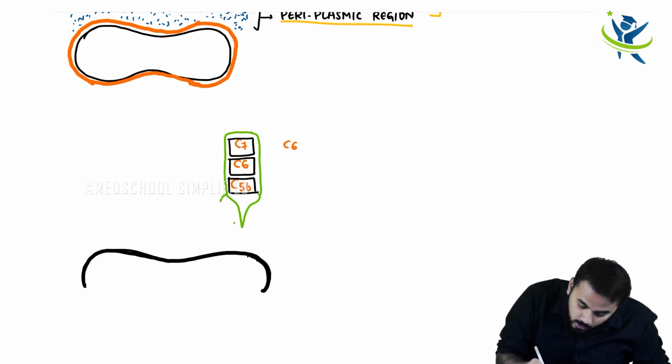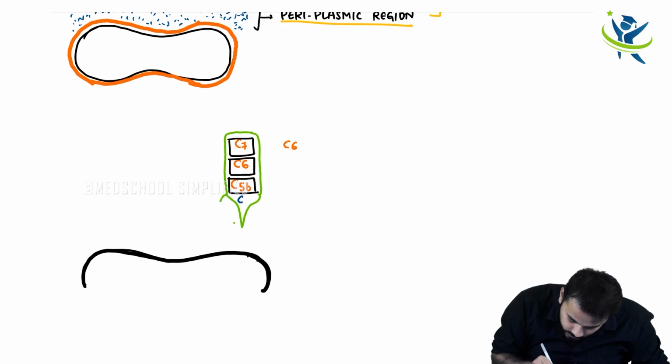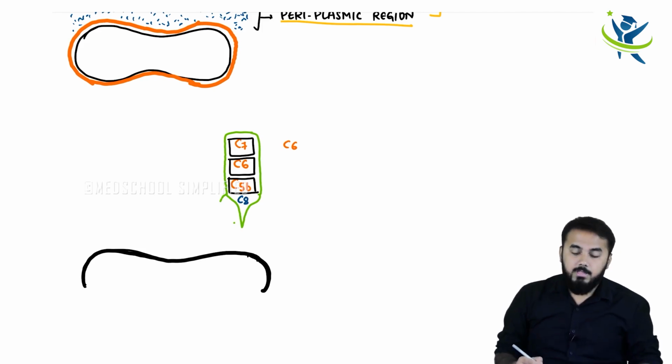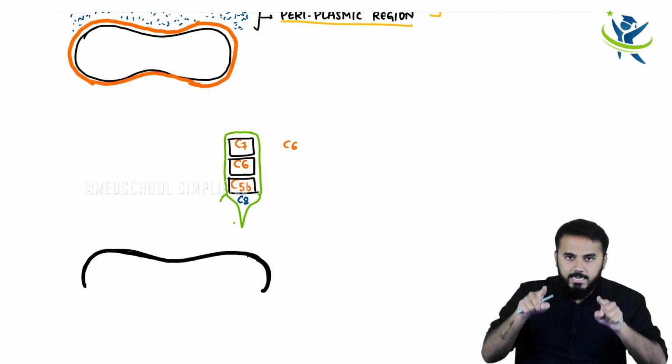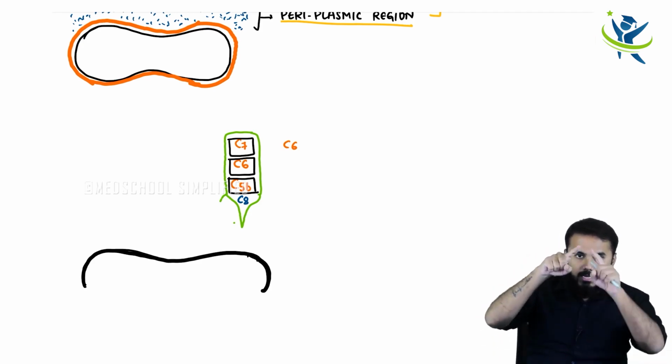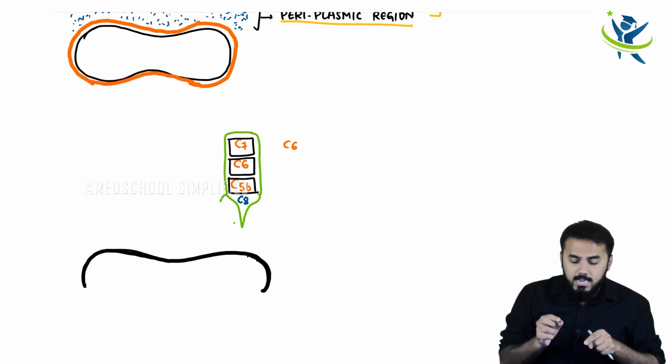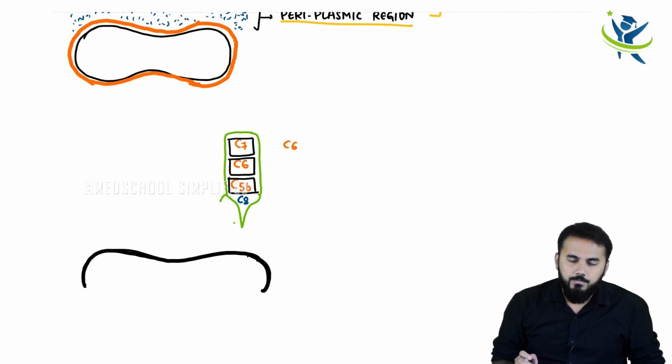This complement protein which I have drawn here is your C8. So C7, C6, C5b are all attached with a complement protein which is green in color, right? This big green molecule which I have drawn here, and it has got a pointed end, is called a C8 molecule.